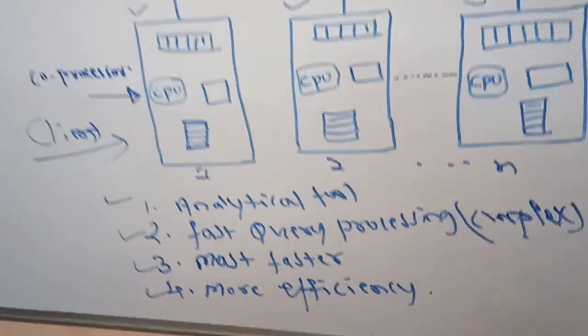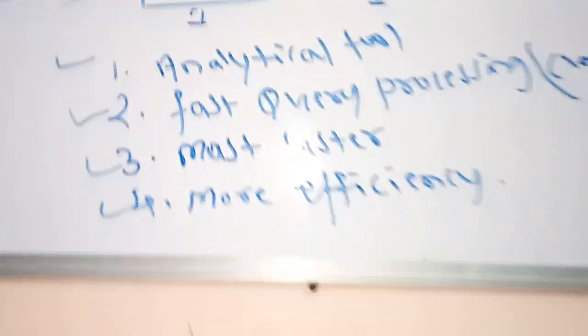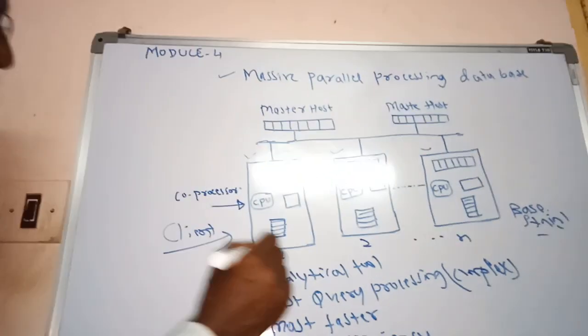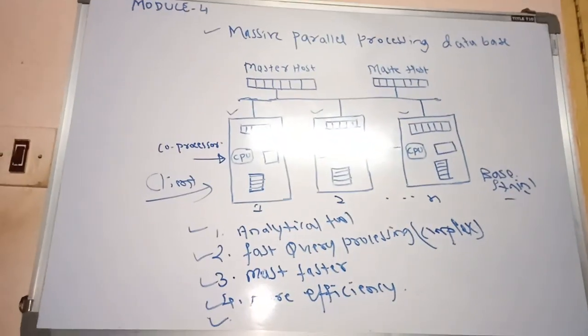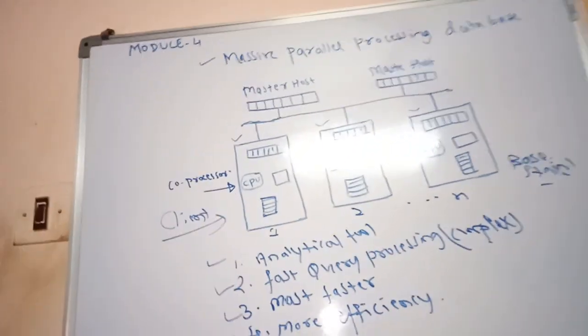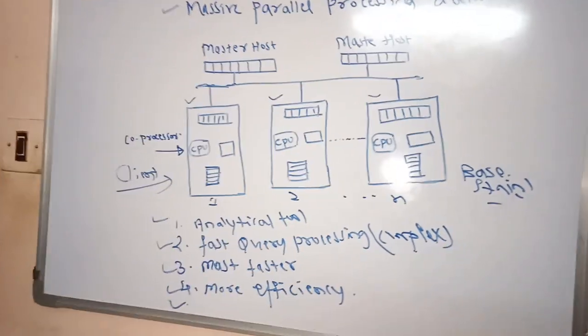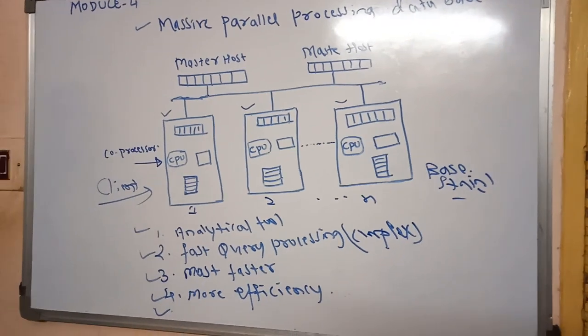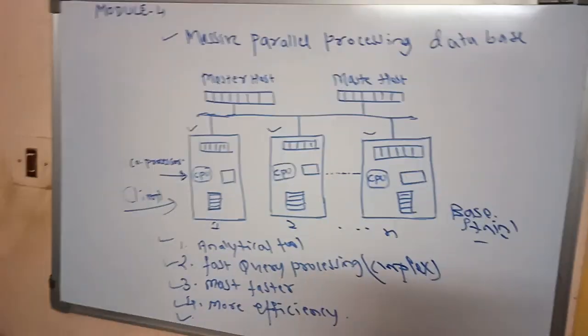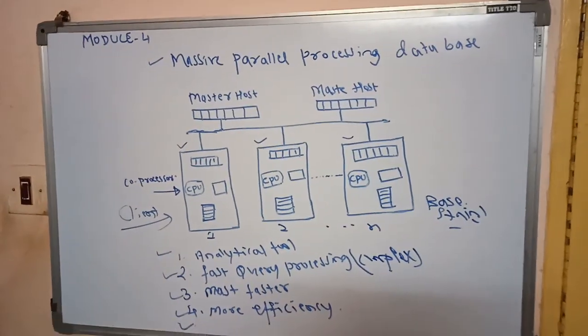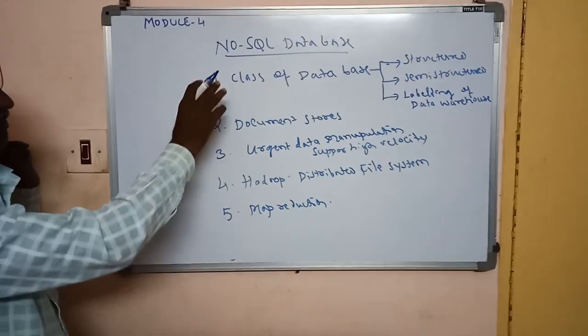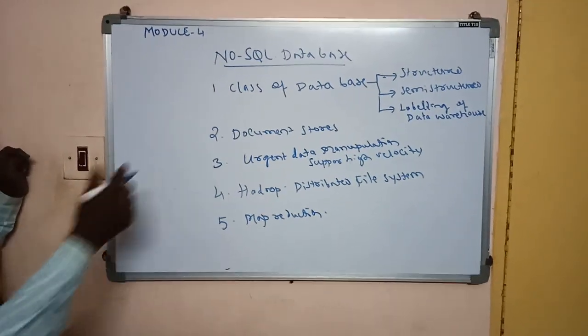The efficiency means very quick results. Also the efficiency and throughput are very quick. For this we can utilize the massive parallel processing database, one of the important analytical tools for big data analytics. So another important tool is NoSQL.